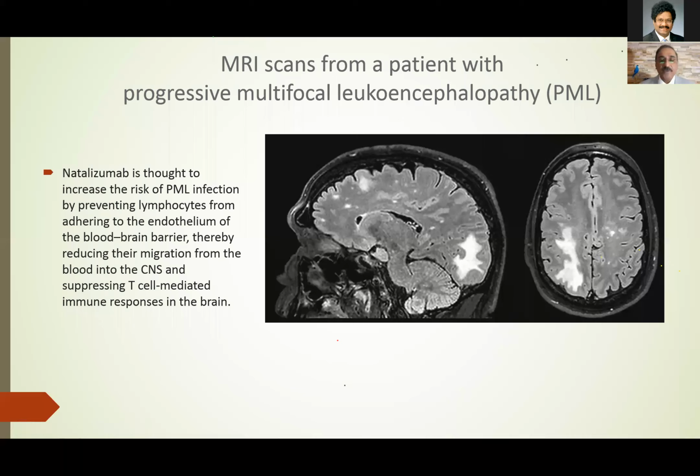Because we are preventing these T cells from entering the brain tissue, there is no immunity defending against that particular virus. That virus is present in most humans, so that's why it resulted in PML. Later on, natalizumab was taken out of the market temporarily, and then when we addressed some of this problem, it is again in the market to treat multiple sclerosis.